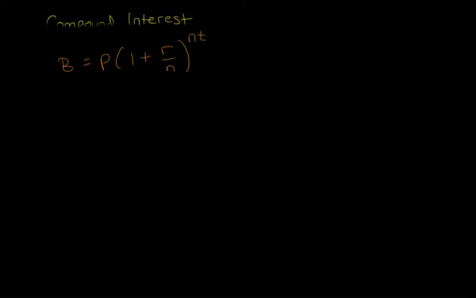Okay, we need to know what each one of these means. A formula is absolutely useless unless you know what each of the values mean. So B, that's balance. P, principal. R is the rate.